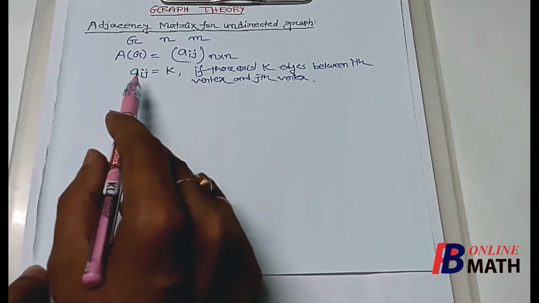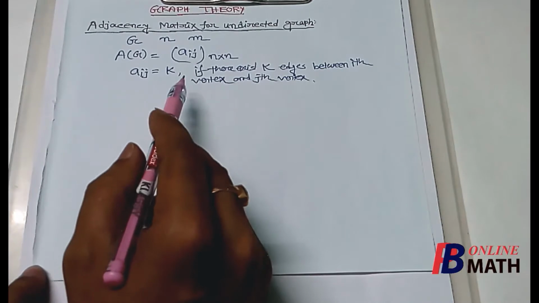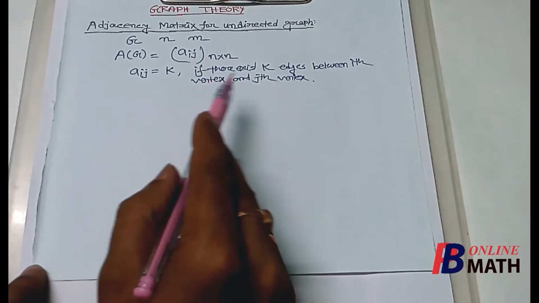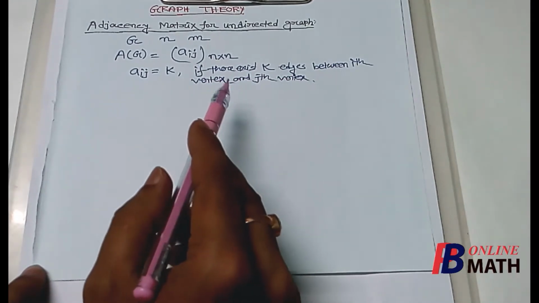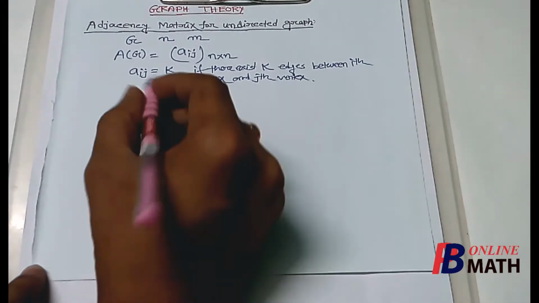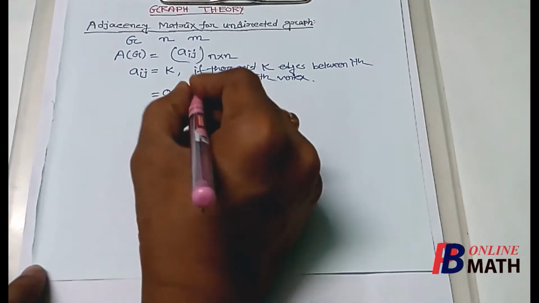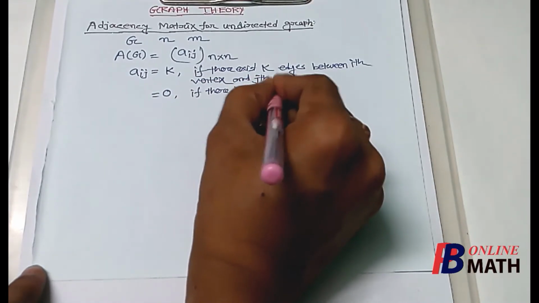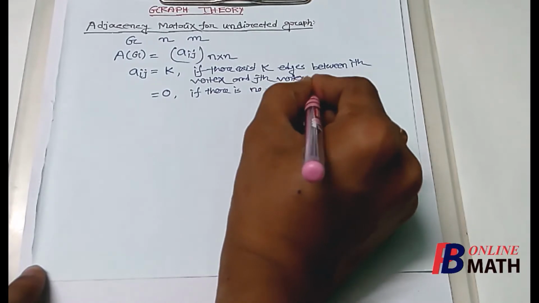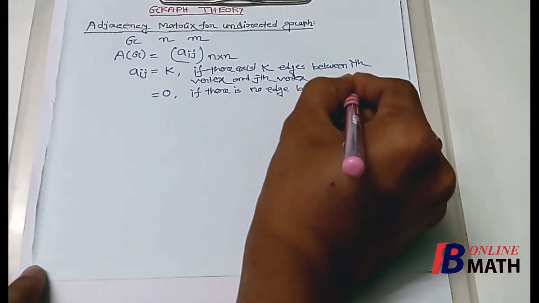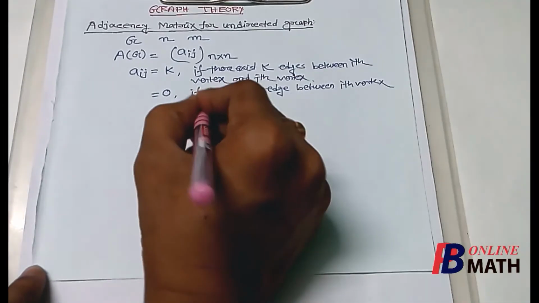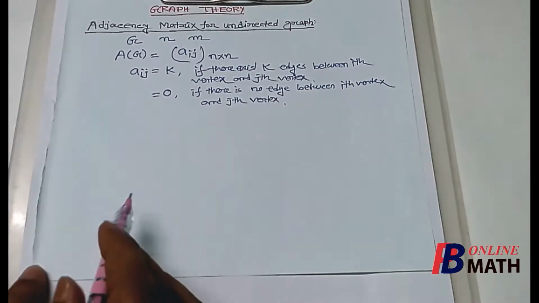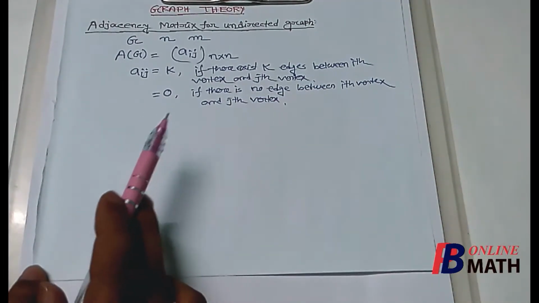That means this matrix can be found if there are parallel edges. If there is only one edge between two vertices, ith vertex and jth vertex, then we shall put Aij equal to 1. Otherwise, we shall put 0 if there is no edge between ith vertex and jth vertex.